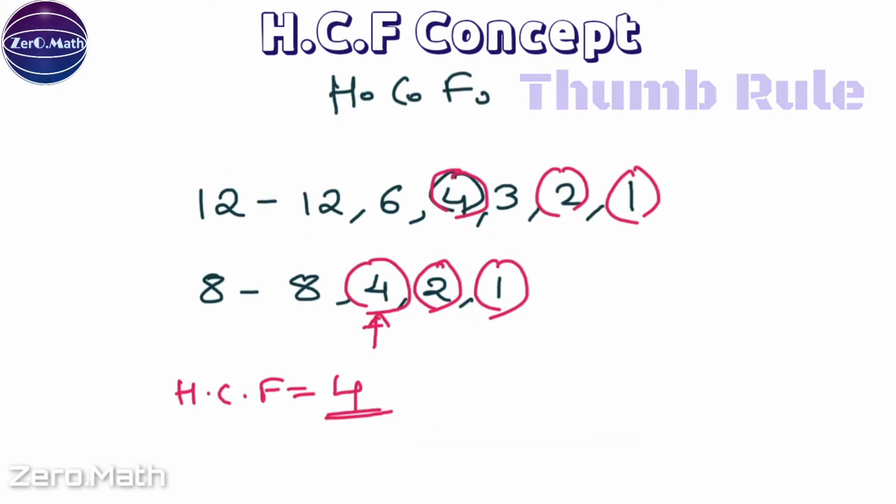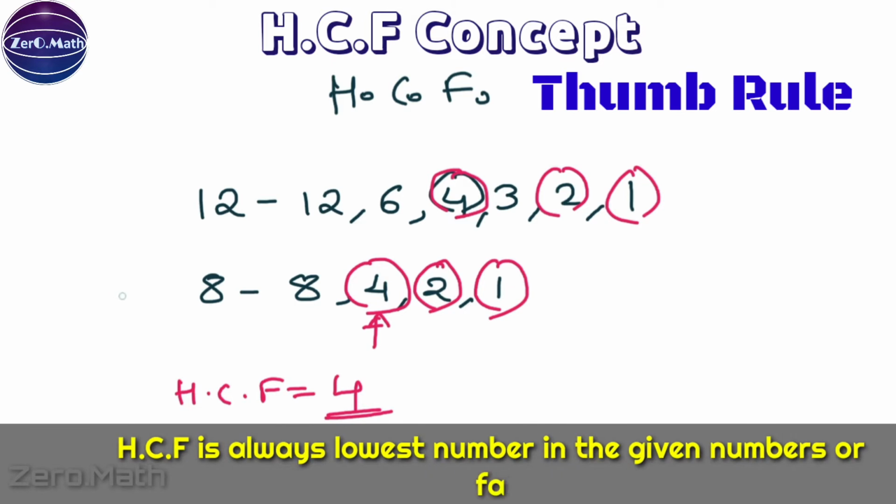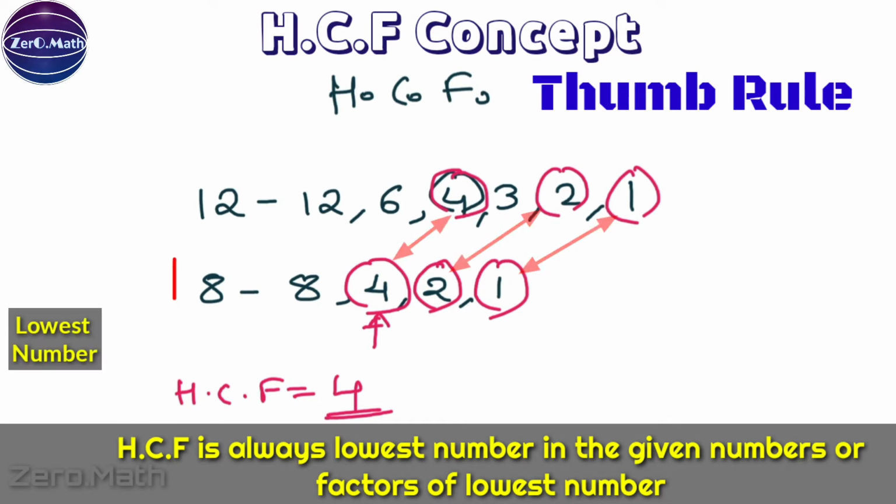Now let's understand the thumb rule of HCF. The HCF is always the lowest number among the given numbers or a factor of the lowest number. Let's look at an example on the screen to understand this concept. So HCF of 12 and 8 can be found by identifying the common factors between 12 and 8.